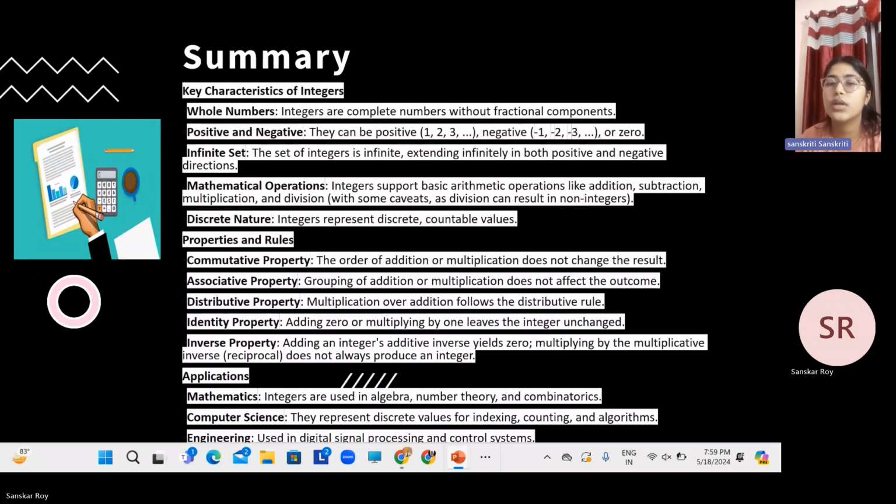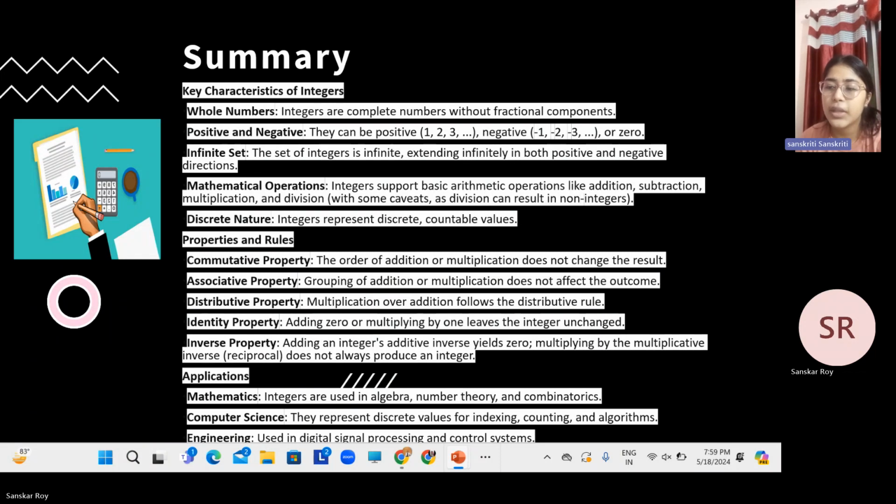Then what is the summary? In this video, we came to know what is meant by integers: whole numbers, positive and negative, infinite set, then mathematical operations, discrete nature, then properties and rules of sum and product. There are four major properties, that is commutative law, associative law, distributive law, and identity law.